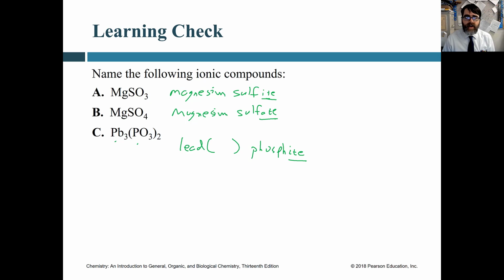And then we need to figure out the charge on here. So phosphite has a 3 minus charge. That gives us a total of 6 minus. We know the total charge has to be 0. It has to be neutral. And so the positive charge must be a 6 plus to cancel that out. That 6 plus is split up or shared between 3 lead atoms. So then each of those lead atoms must be a 2 plus. So Roman numeral 2, lead(II) phosphite.